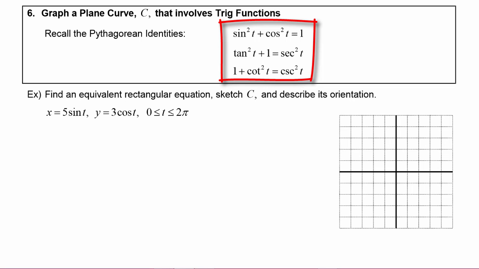In these next two examples, we will use these Pythagorean identities to help us create the equivalent rectangular equation. So let's see how this is going to work.